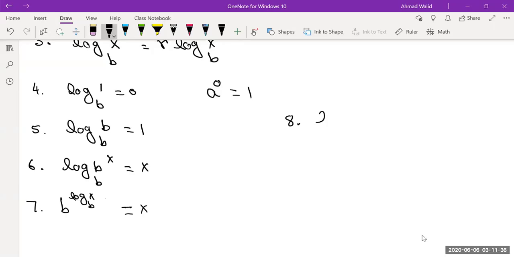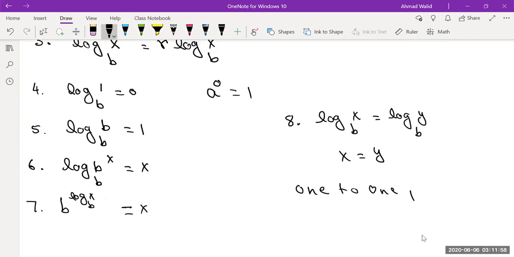If I have log of x base b equal to log of y base b, from here immediately you can say x equals y. We call property number 8 the one-to-one property.